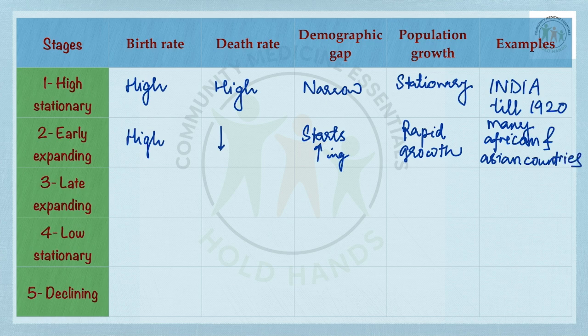Next is stage 3, late expanding stage. Birth rate also decreases. Death rate further declines. Demographic gap starts decreasing. Population growth here will be slow growth.